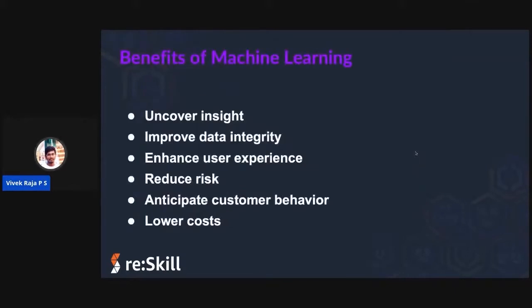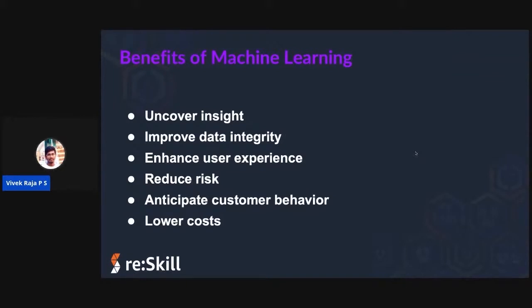So the actual benefit of using machine learning is that in the normal conventional practice you use algorithms to do some predictions. But in machine learning, you use data to get the perfect algorithm depending on the data, and you predict based on your future data. So it helps us to uncover insights, improve the data integrity, and enhance the user experience.